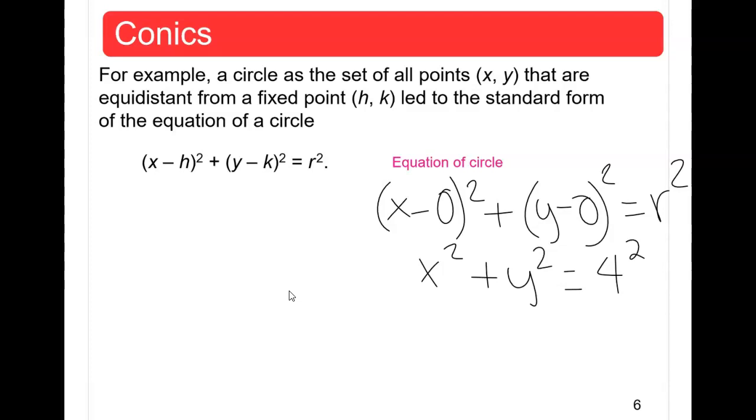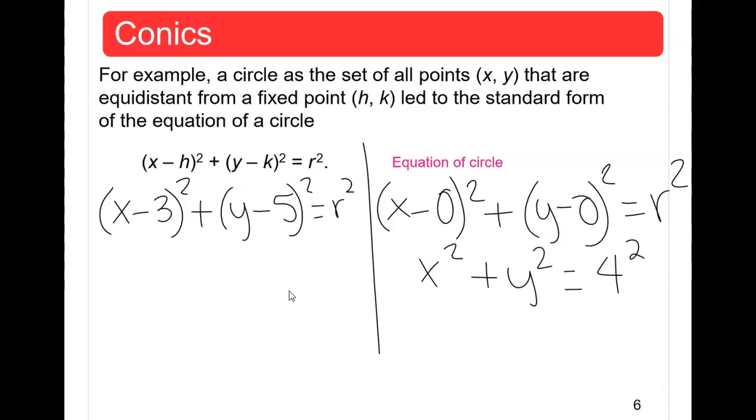Now, if the circle was shifted, let's say like (x minus 3) squared plus (y minus 5) squared equals r squared, then that circle will have its center right at where the h and k numbers are.